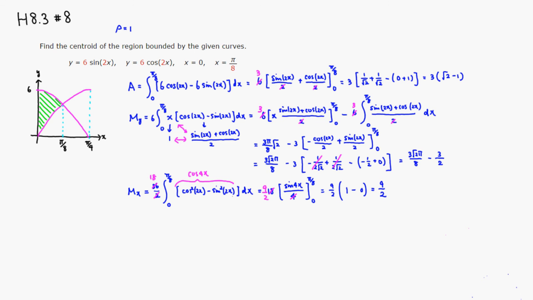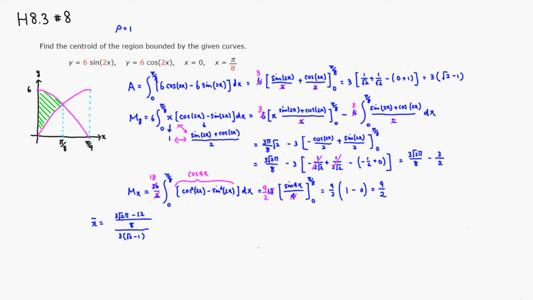So let's find that. x bar is going to be equal to the moment with respect to y, which came out to be 3 square root of 2 pi over 8. Taking a common denominator, put 8 here, so multiply by 4, minus 12, divided by the area, which is 3 times square root of 2 minus 1.